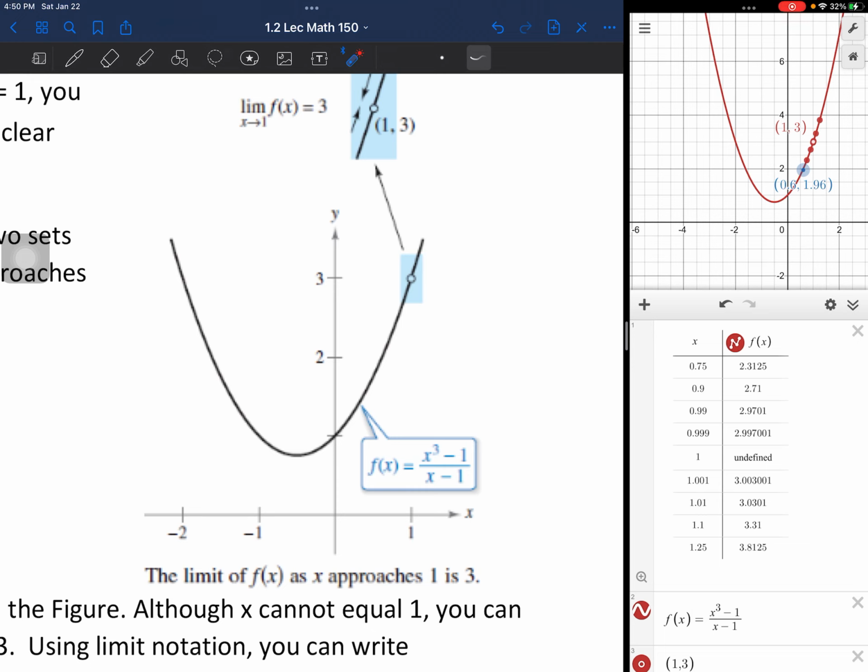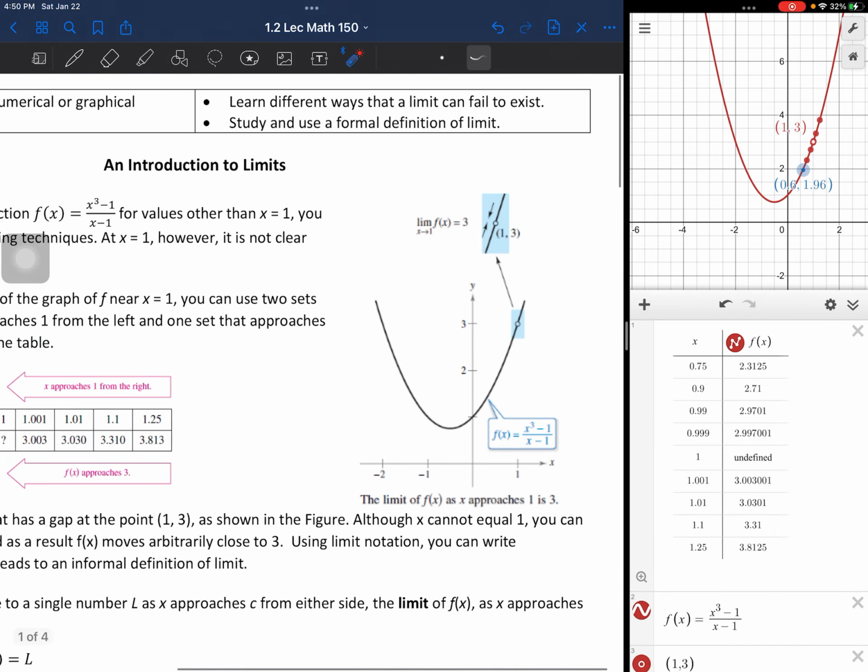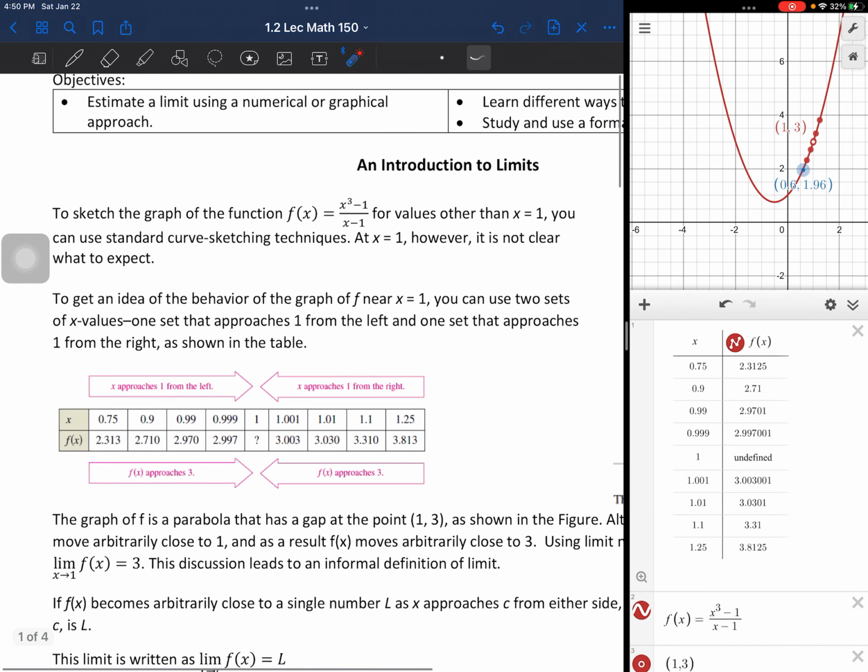Of course, using a graph is not the best way to find a limit, but it is one way. And approaching it this way for now gives us a little more sense of understanding of what the limit means. Later on, we're going to find a better, faster, practical way to find a limit.